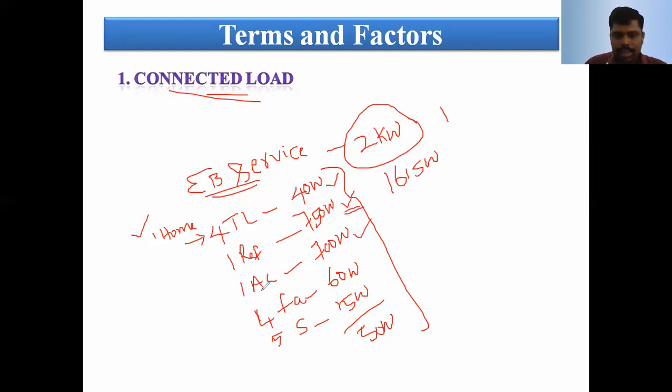The AC is used as per requirement. Some consumers use it for 2 or 4 hours a day, and some for 6 or 8 hours a day. The 4 fans are also used based on requirements. Suppose 2 fans run 18 hours a day, and the remaining 2 fans are used for either 2 or 3 hours a day.